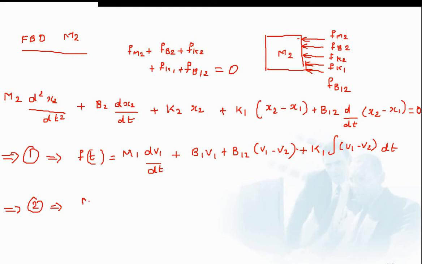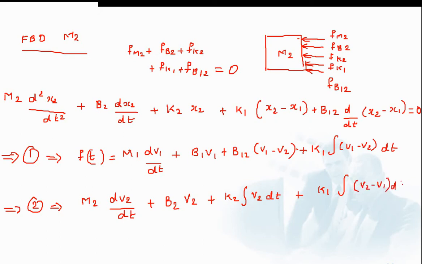So we can write the equation as m2 into dv2 by dt plus B2 into v2 plus k2 into integral of v2 dt plus k1 into integral of (v2 minus v1) dt plus B12 into (v2 minus v1), which is equal to 0.